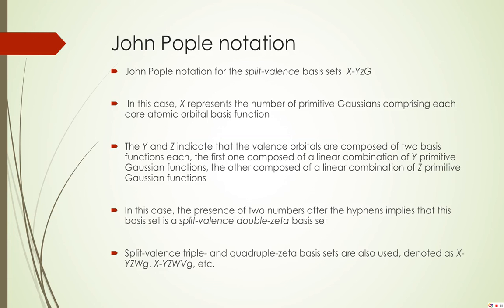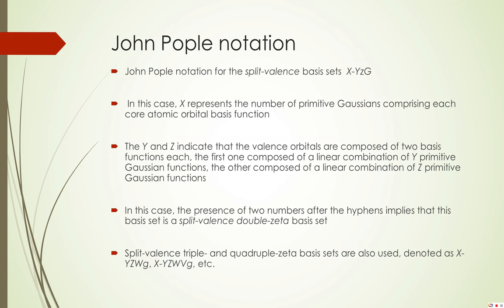John Pople notation for the split valence basis sets: X-YZG. In this case, X represents the number of primitive Gaussians comprising each core atomic orbital basis function, and Y and Z indicate that the valence orbitals are composed of two basis functions, the first one composed of a linear combination of Y primitive Gaussian functions.